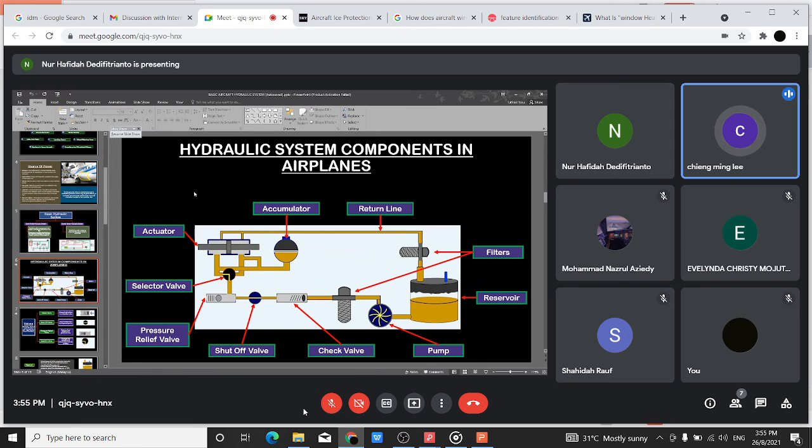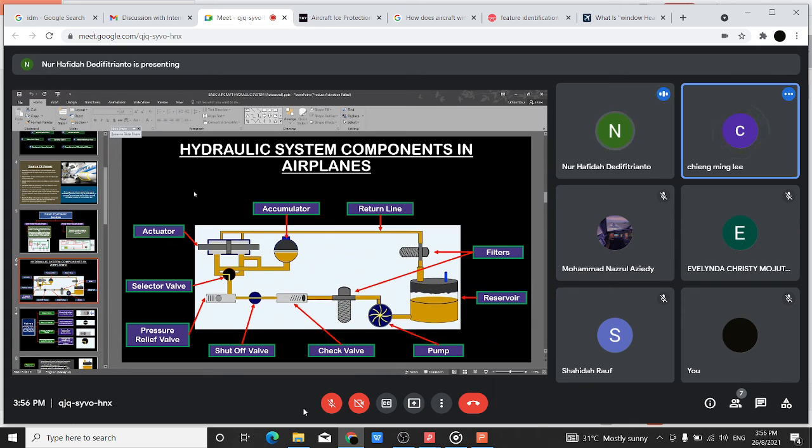This type is a double acting actuator because the hydraulic goes to both sides. There will also be a single acting actuator, where one side is a spring and one side is hydraulic pressure.